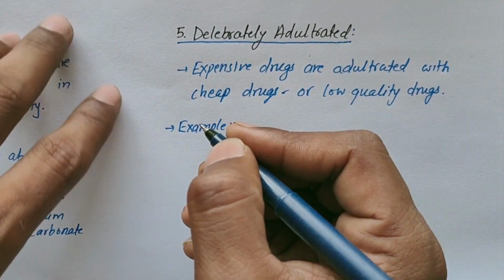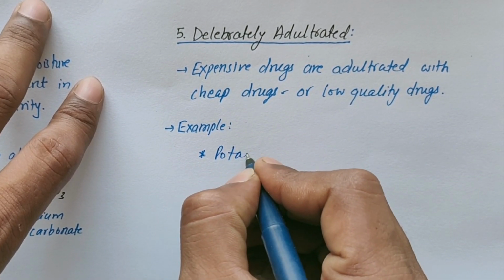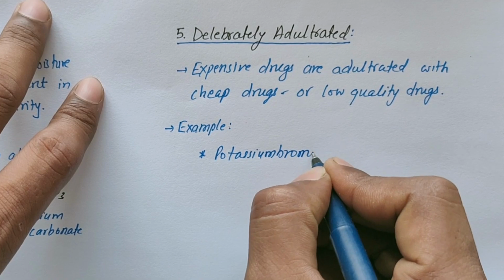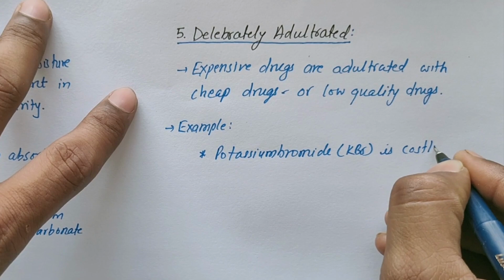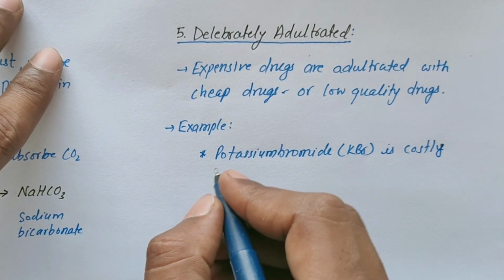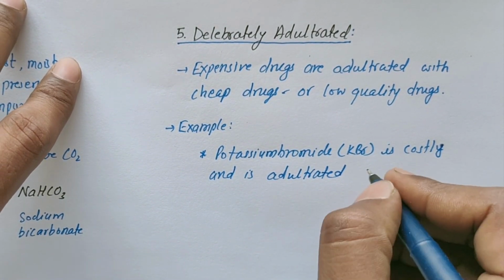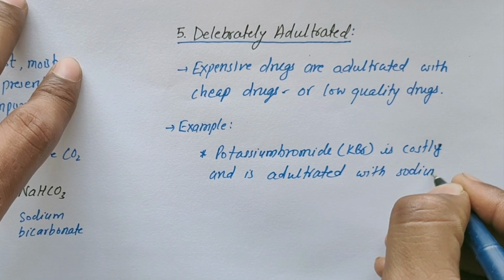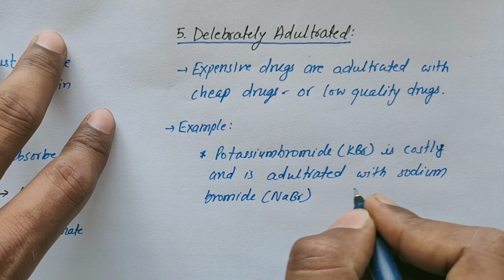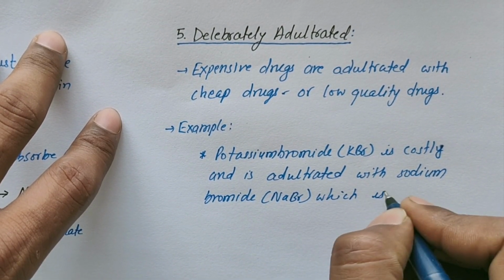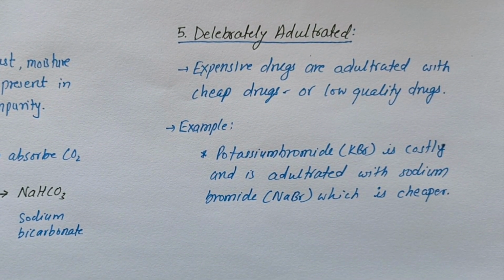As for example, potassium bromide is costly and is adulterated with sodium bromide, which is cheaper. This can be done for getting more profit, but we should take care of the therapeutic value as well, because deliberate adulteration may lead to a decrease in therapeutic value. Okay, with this we came to the end of this lecture.